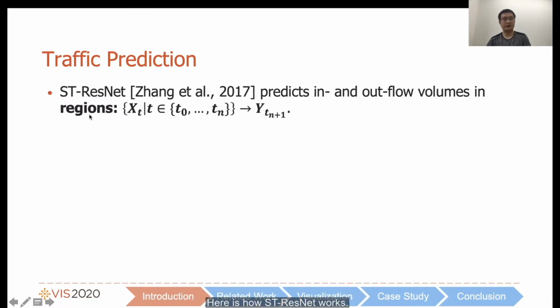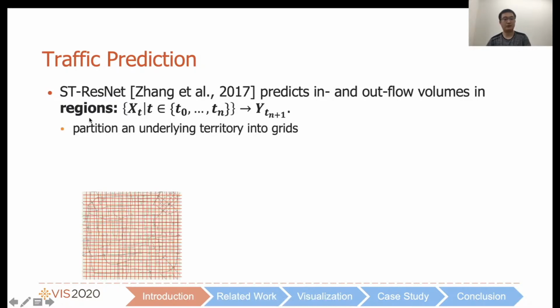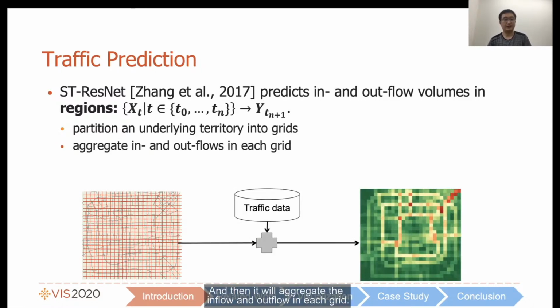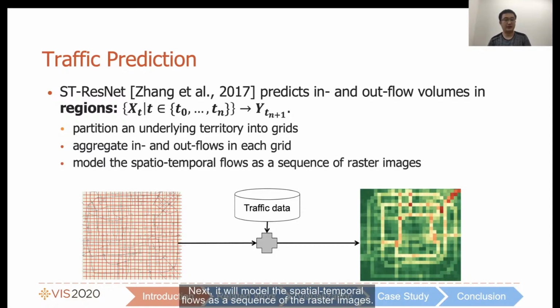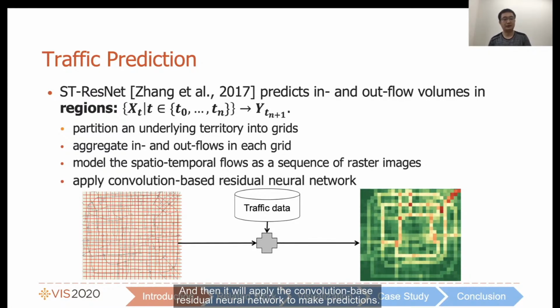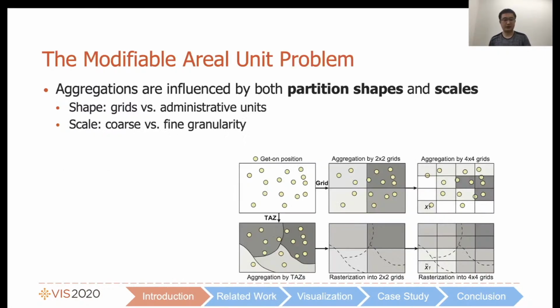Here is how ST-ResNet works. First, it partitions the underlying territory into grids. Then it aggregates the inflow and outflow in each grid. Next, it models the spatial temporal flows as a sequence of raster images. Then it applies a convolution-based residual neural network to make predictions.